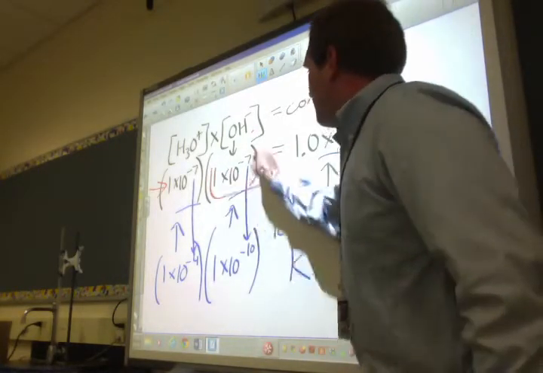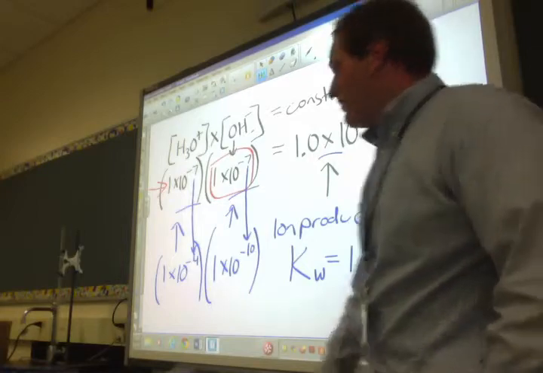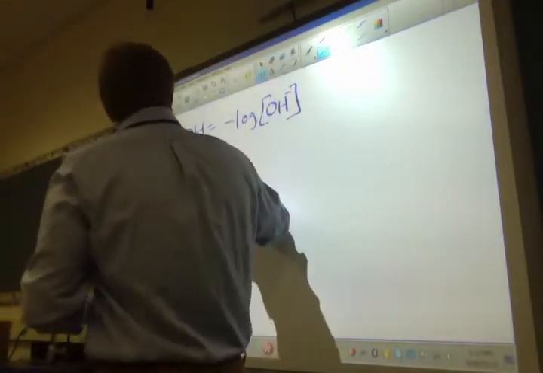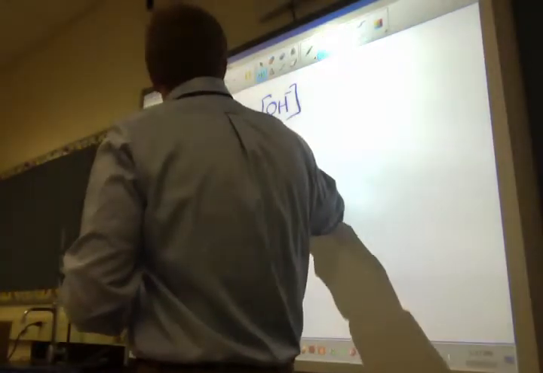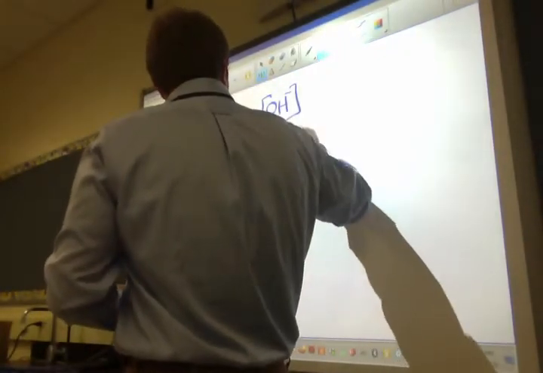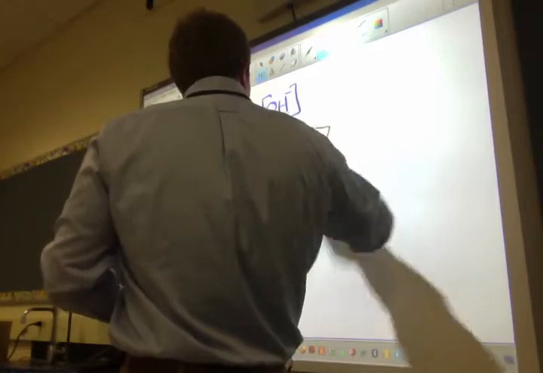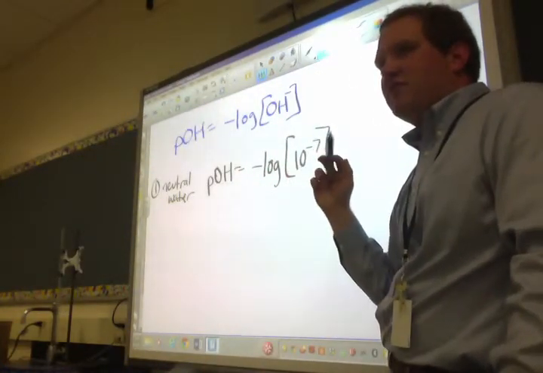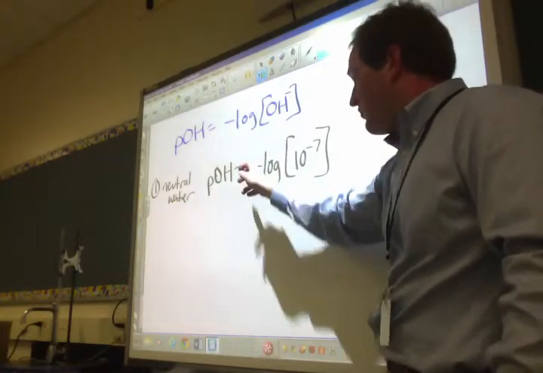The value is this, right? 1 in 10 million, or 10 to the -7. Okay? So for neutral water, pOH equals negative log of 10 to the -7. 10 to the what power gives you -7? -7, so it becomes 7, right?